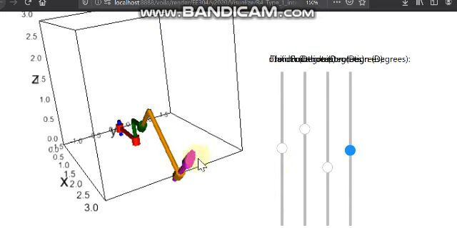Perhaps the rotation may not be very prominently visible, so I'll make somewhat fast changes in theta 4. So you see this, as theta 4 changes, only this link is undergoing rotation, the rest of the links are not undergoing any motion.